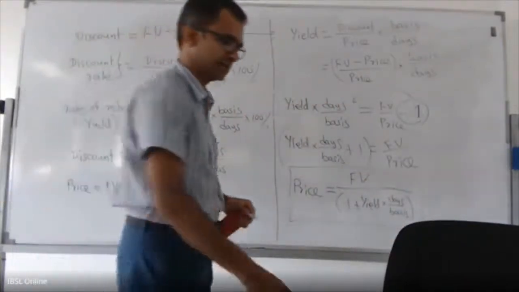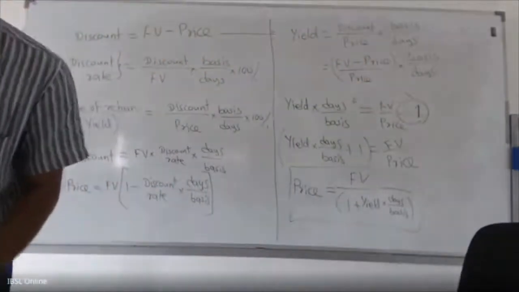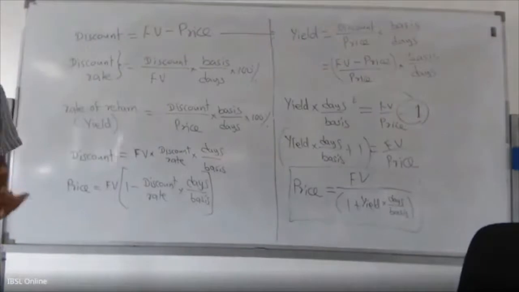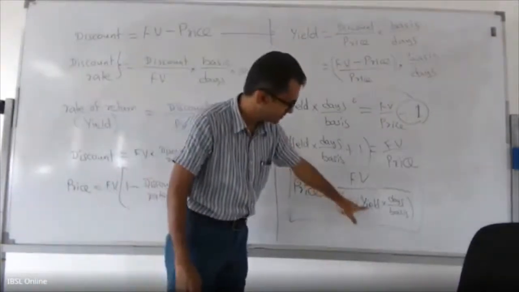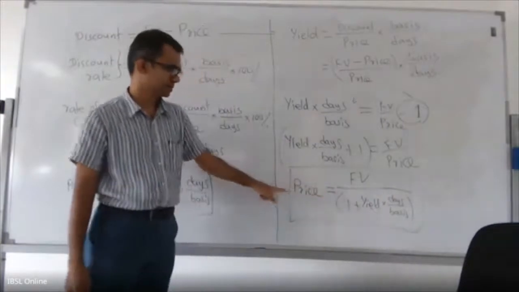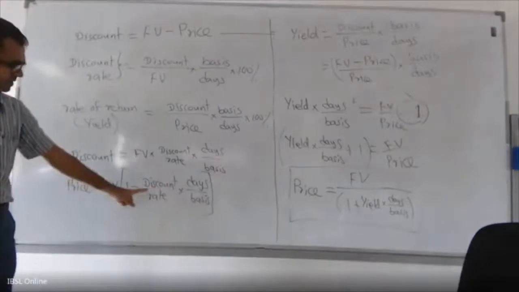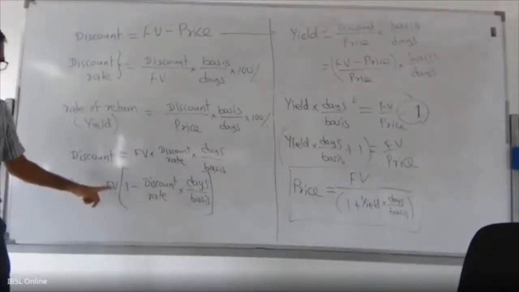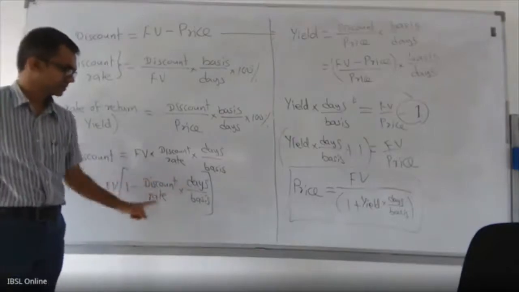That's the one I mentioned earlier. Someone asked whether to use the yield or discount rate to get the price. You can use both. This is the equation if you know the yield, how to calculate the price. This is the equation if you know the discount rate. In this case, remember face value times 1 minus discount.